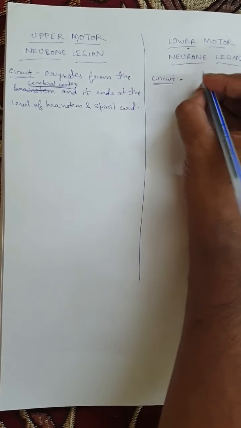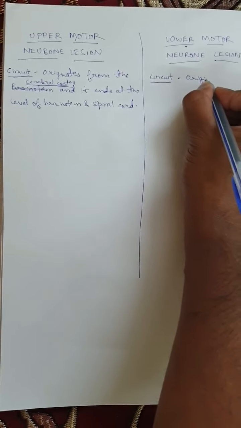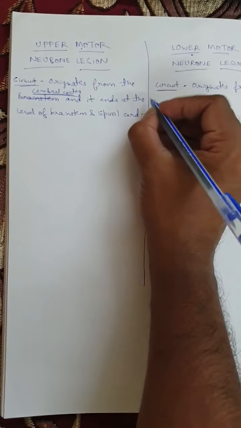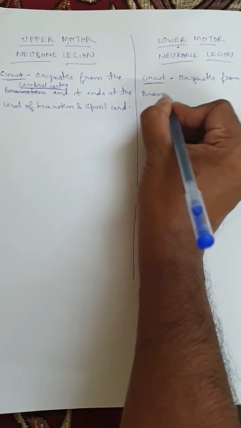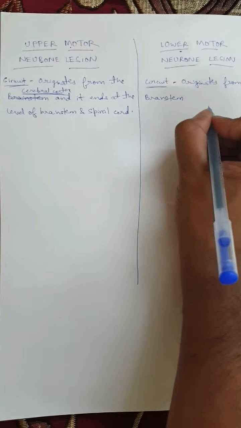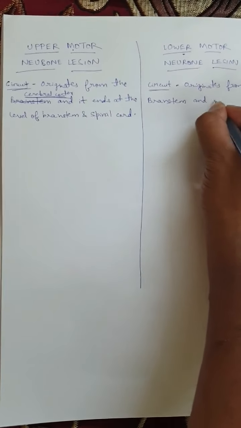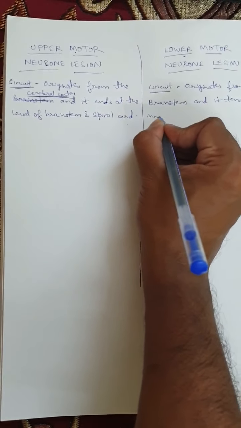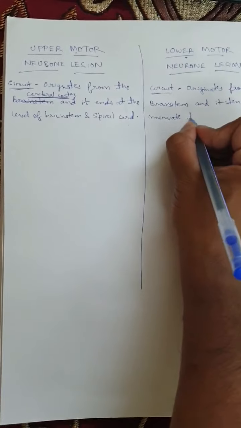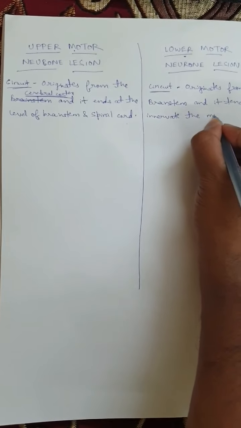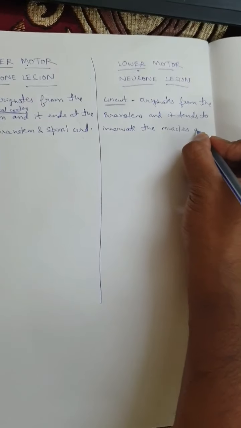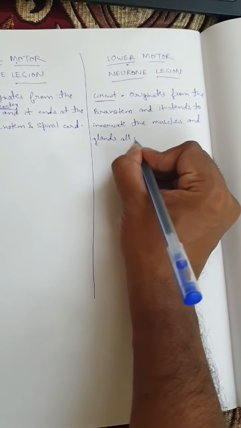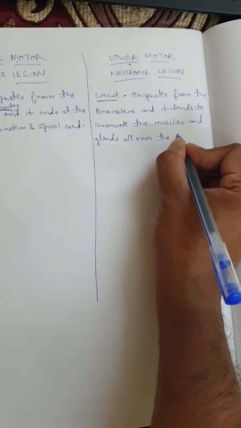Now where does it originate? It originates from the brain stem, and now it goes downwards, and it tends to innervate the muscles and glands all over the body.